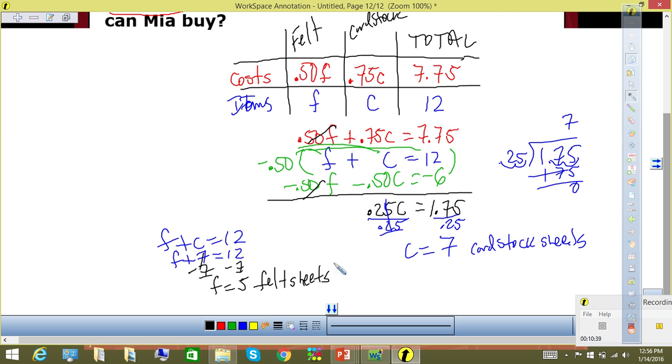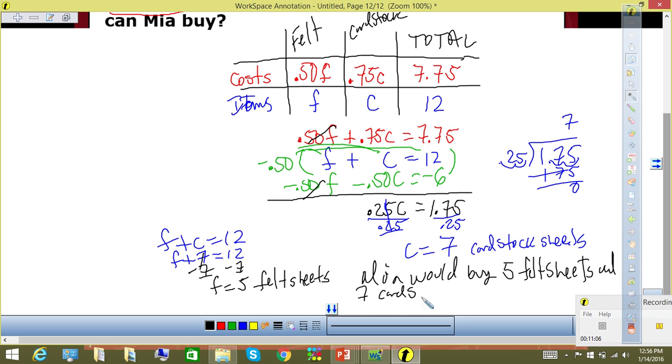So what would be our statement here? Write it down, please. Mia would buy 5 felt sheets and 7 cardstock sheets.